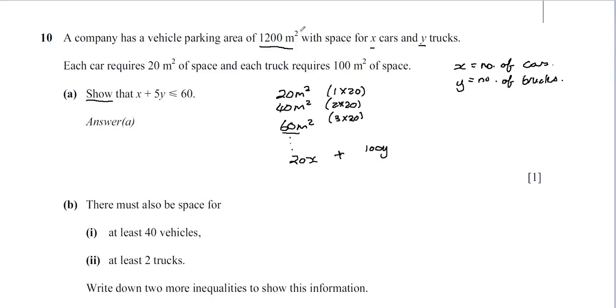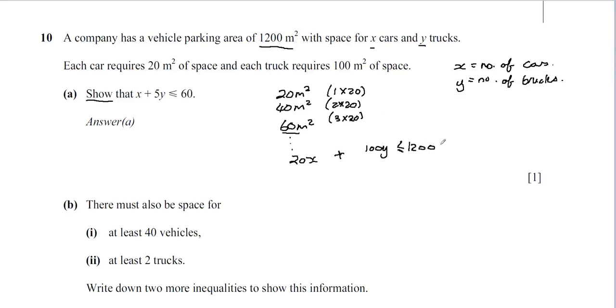And we know that the space the cars and trucks are allowed to take up is 1,200 meters squared at most. So the total must be less than that, because we might have 1 car and 1 truck, we're still given that much area but we might not use it all up. Or it can be equal to 1,200.